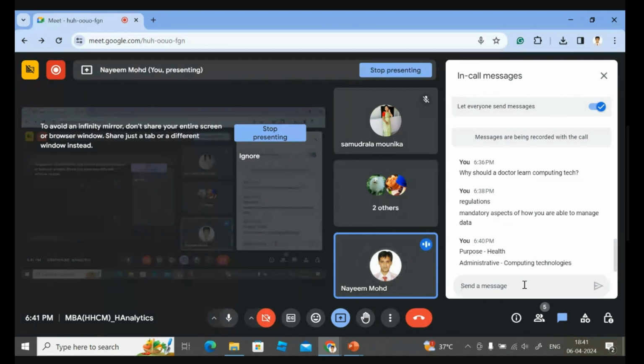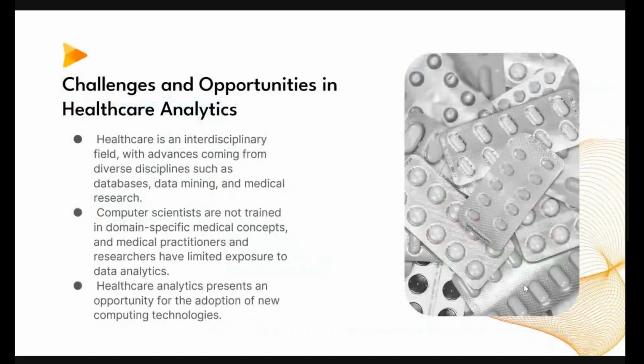So handling the data, storing the data, retrieval of the data becomes of primary importance in all the cases that you have. That is why it is a very important and crucial stage that we are in. Okay, let's move on.